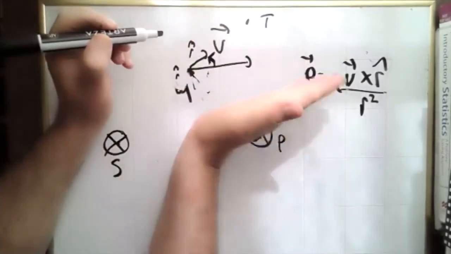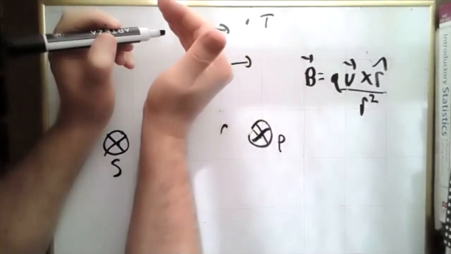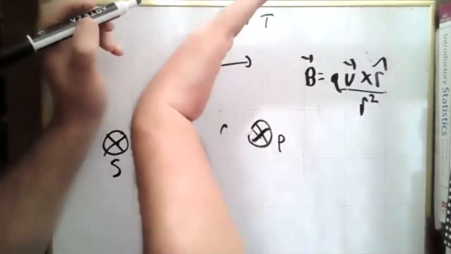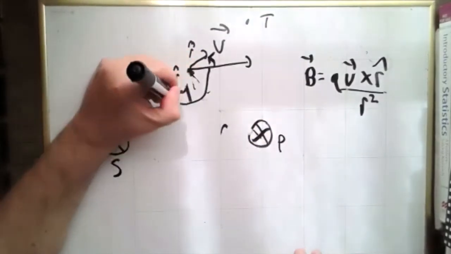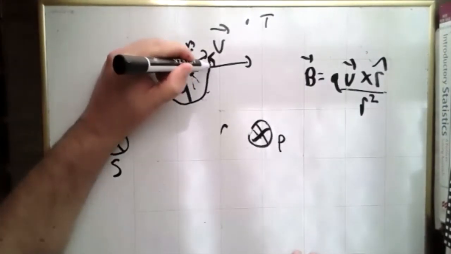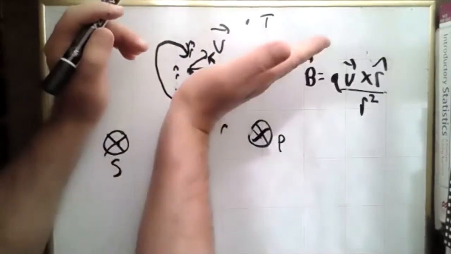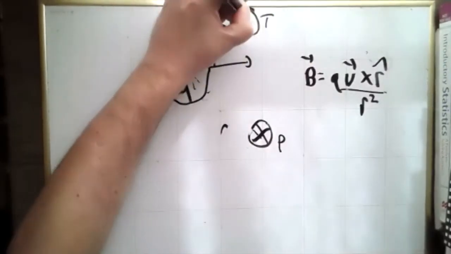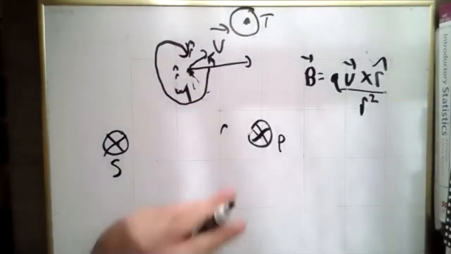V toward R. V cross R. I can't go like this because I'm not looking at this big angle between V and R. I'm looking at the smaller angle between V and R. V cross R, my thumb points up. So up here, the magnetic field would point out of the board.